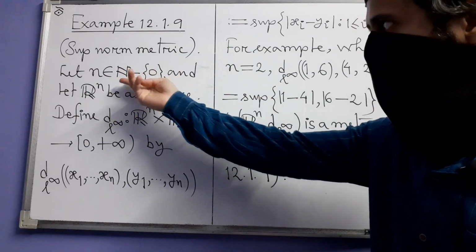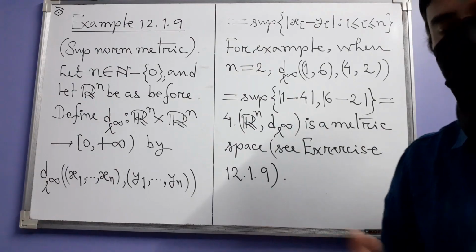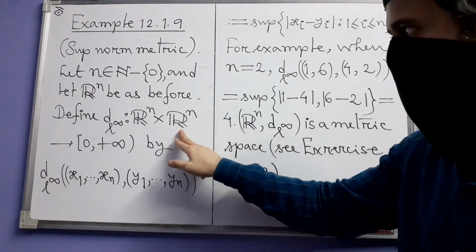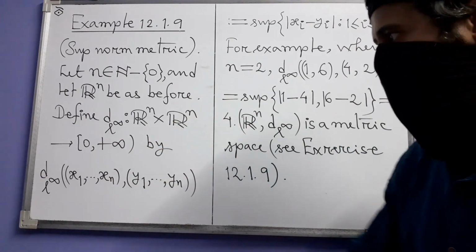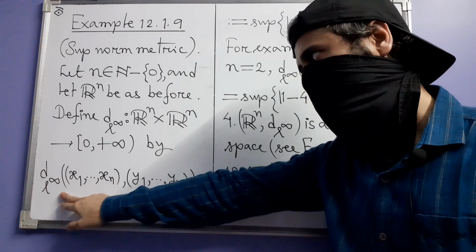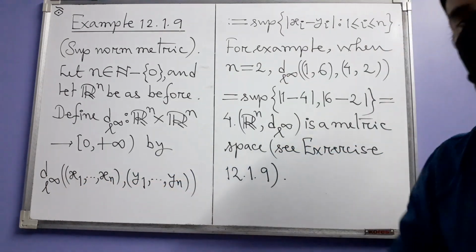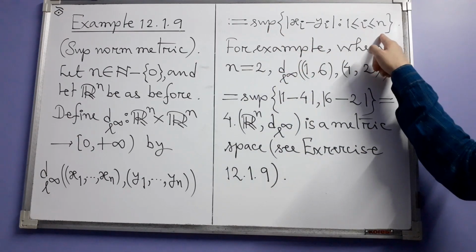N of course again is a positive integer, a positive natural number, and Rn is our Rn. So d_l infinity of course has this as its domain and this as its range. So the d_l infinity distance between this n-tuple and this n-tuple of real numbers is the supremum of this set. What is this set?